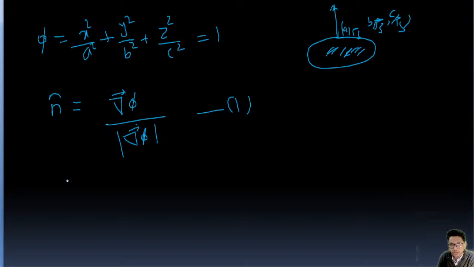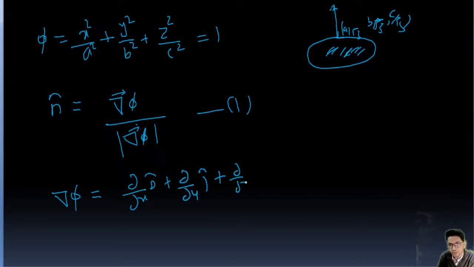Gradient of phi is del over del x i cap plus del over del y j cap plus del over del z k cap, operating on phi.